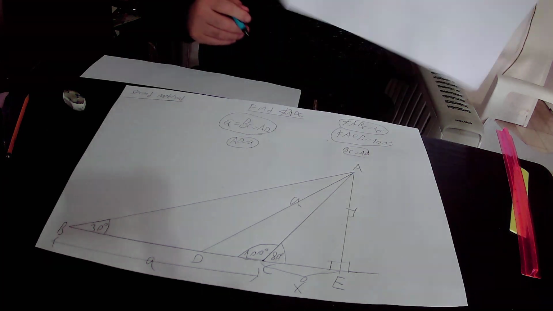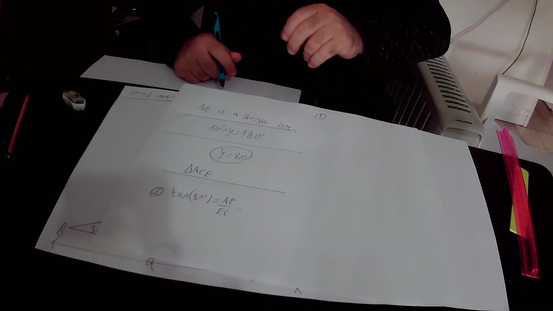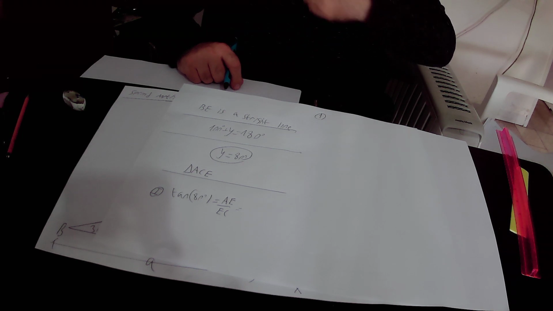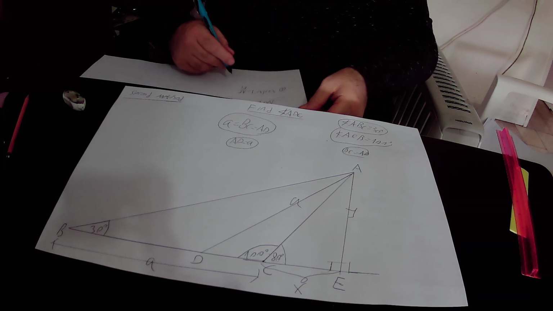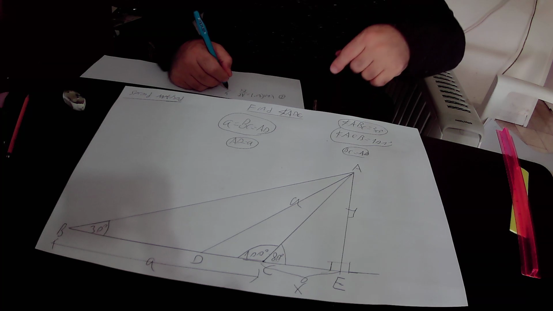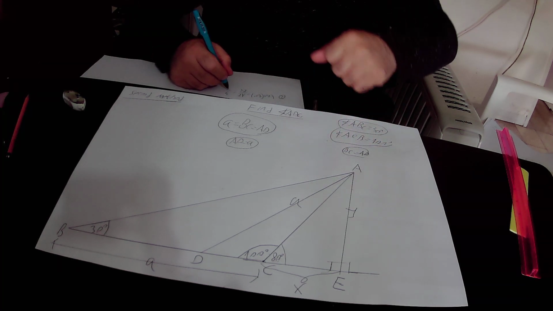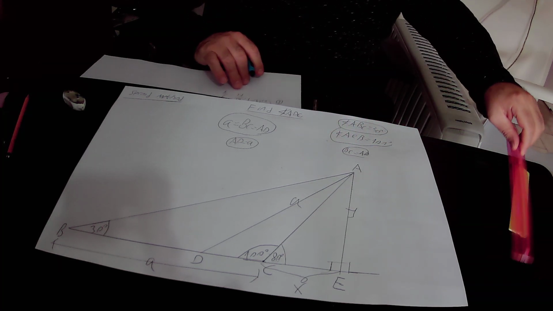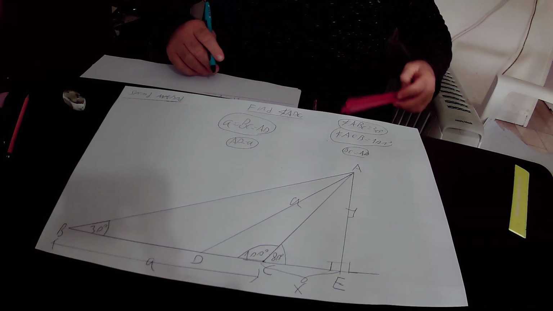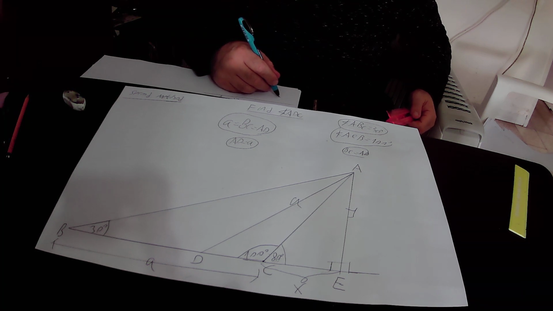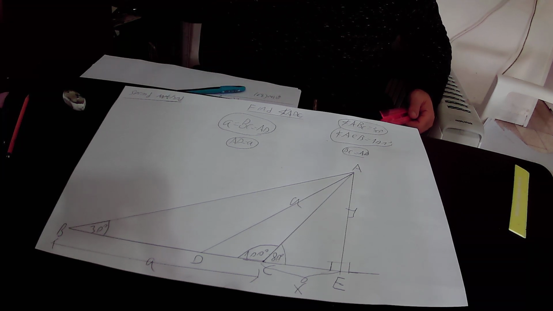I will repeat again. On the right triangle ACE, tangent 80 degrees equals AE over EC, but AE equals Y according to our definition, and EC also equals X according to our definition. So in conclusion, we found that tangent 80 degrees equals Y over X.